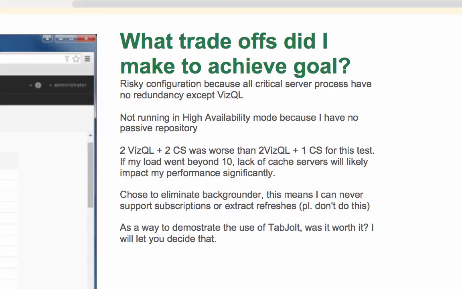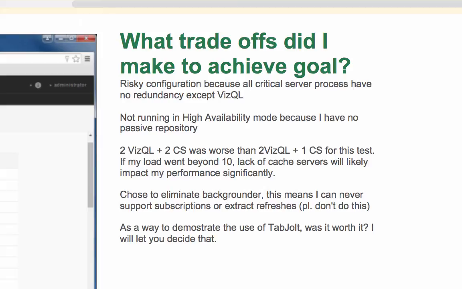And clearly, this is a very risky configuration for any production level Tableau server deployment. What I did trade off is I have no redundancy except in VizQL server, right? So I have one server process, one of every server process, except VizQL where I had 2 of them.